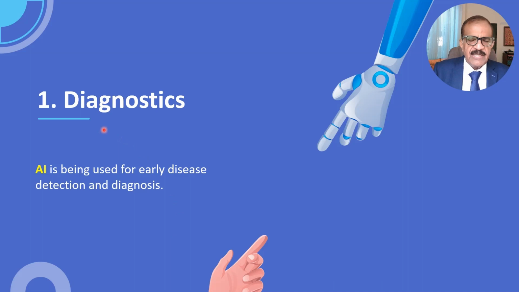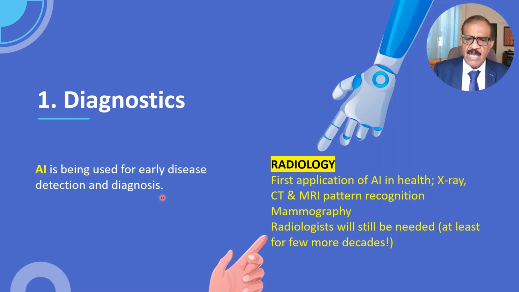Let's first take diagnostics. AI is being used for early disease detection and diagnosis. And the first field of diagnostics which adopted artificial intelligence is radiology. Half of our investigations consist of imaging: ultrasound, CT scan, MRI and other imaging.